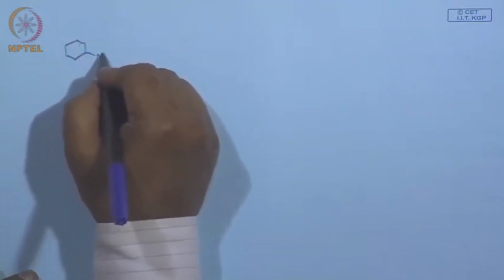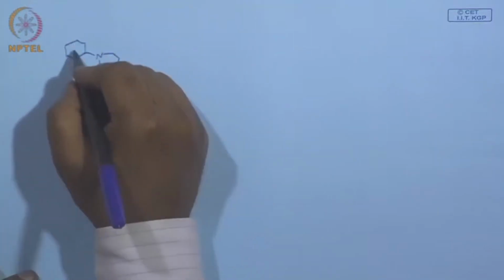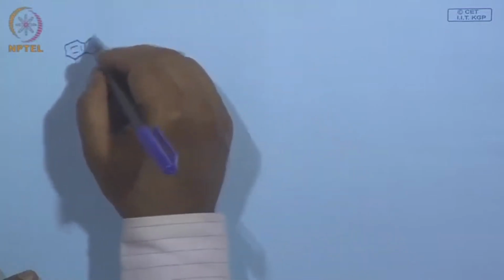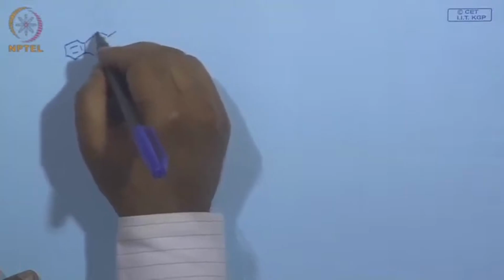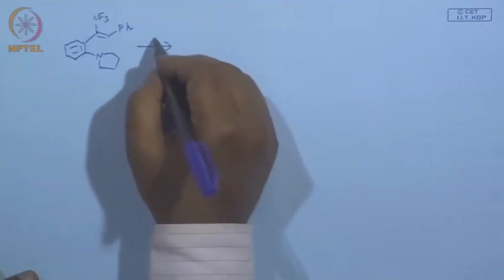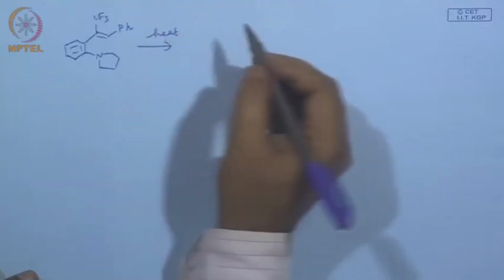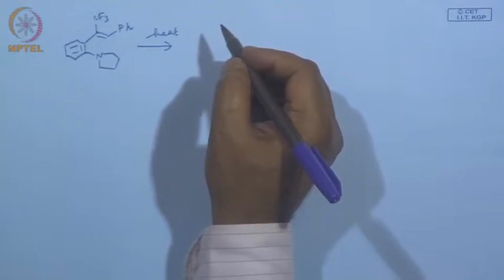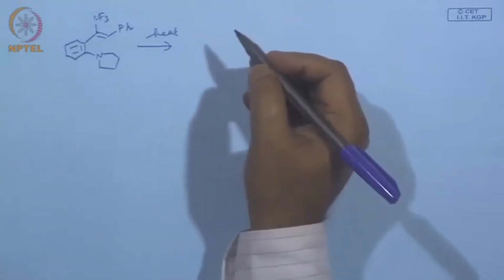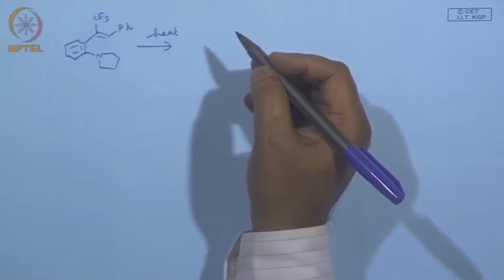Once again, so pyrrolidine group, and in this case it is a carbon-carbon bond. Reaction conditions are the same, like heat and a solvent, and so what would you expect?